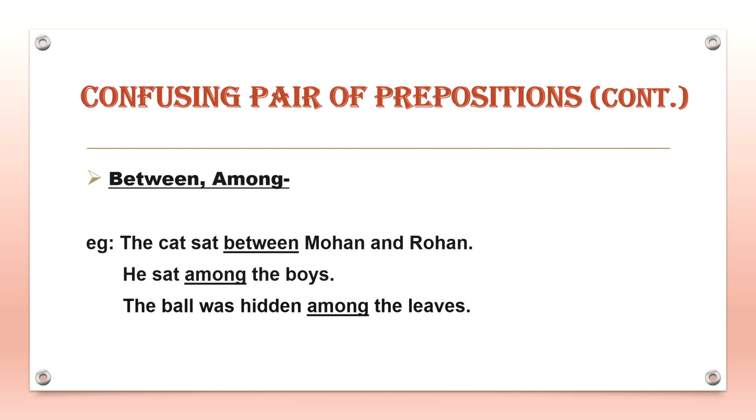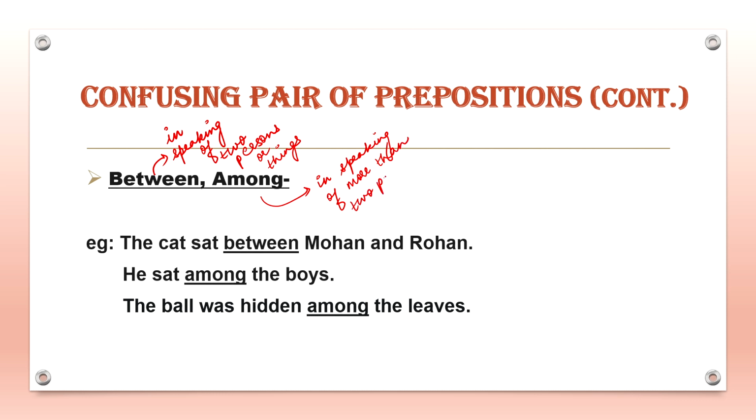Now next, between and among. So between is used in speaking of two persons or things, whereas among is used in speaking of more than two persons or things.